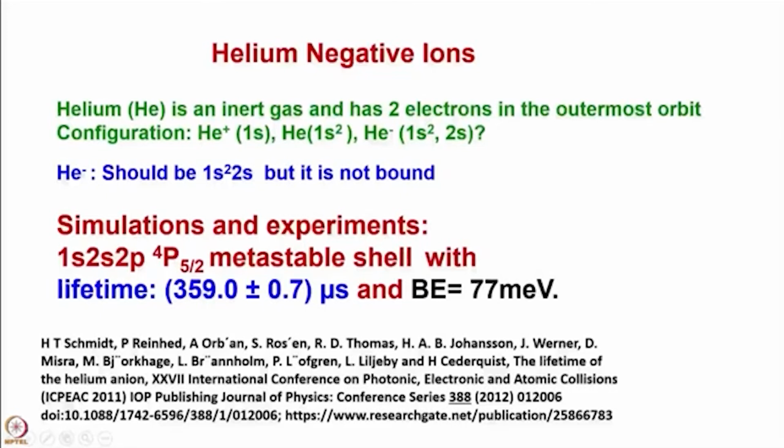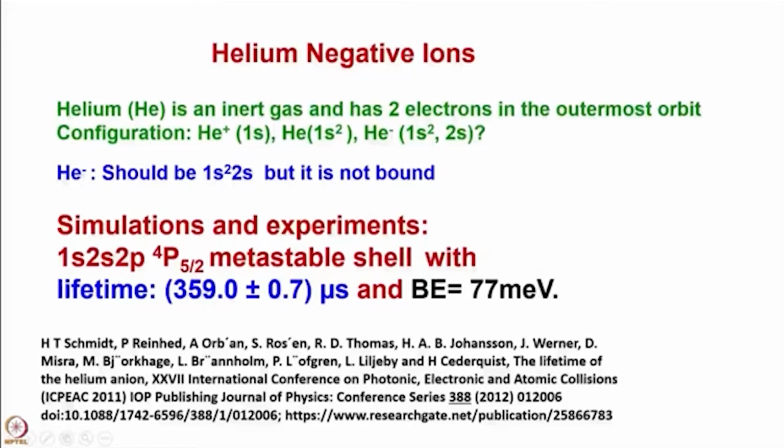That means the electrons get distributed, one in 1s, one in 2s, one in 2p, and that is a metastable state which has a lifetime of 359 microseconds. The binding energy is 77 millielectronvolts, so it is very loosely bound. However, in the case of the ground state, the binding energy is very, very small, so it is not possible.